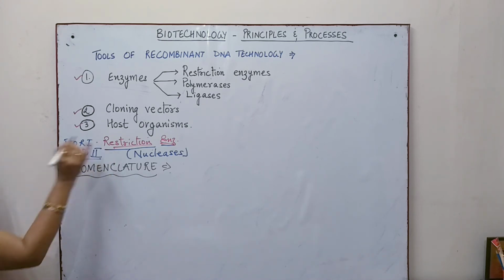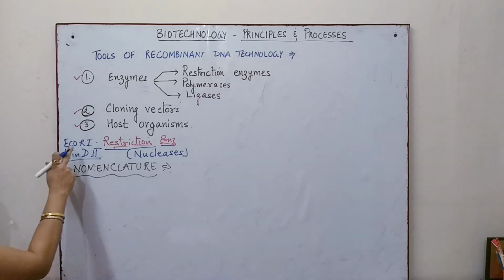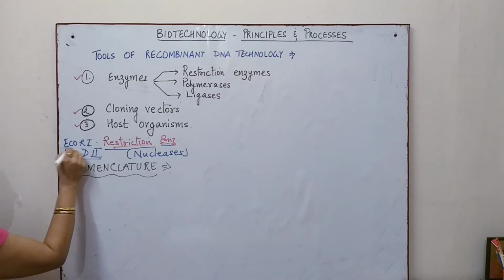So we have different types of restriction enzymes. How do we name them? The first thing is, restriction enzymes are named according to the bacteria from which they are purified. The first letter of the first part comes from the genus, and the second two letters come from the species of the bacteria. Let us take the example of EcoR1.